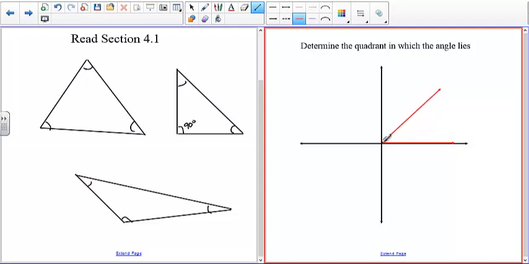So let's just start off in the first quadrant. So what are the quadrants? You can see as I rotated this line around, I pointed into the different quadrants. The first quadrant is where both the x and y are positive. So x is positive, y is positive. That's the first quadrant.